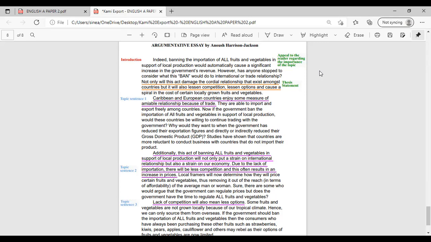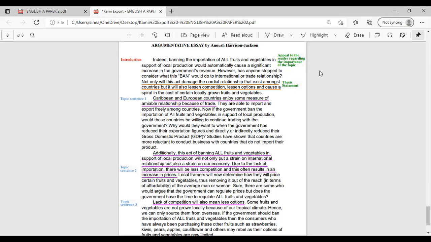It went on to say, Caribbean and European countries enjoy some measure of amiable relationship because of trade. They are able to import and export freely among countries. Now, if the government ban the importation of all fruits and vegetables in support of local production, would these countries be willing to continue trading with the government?